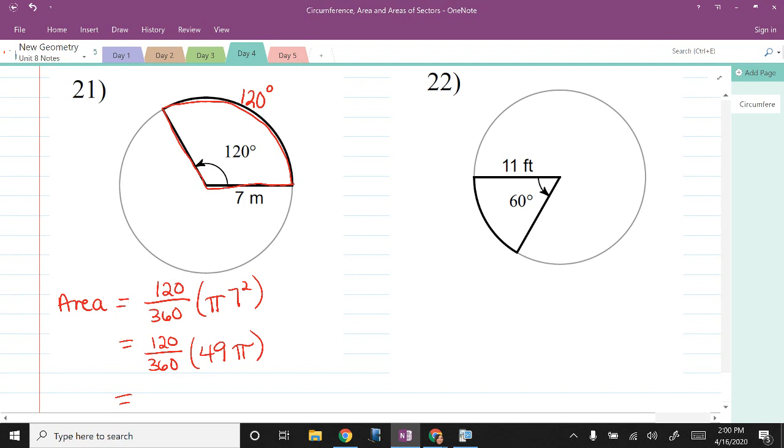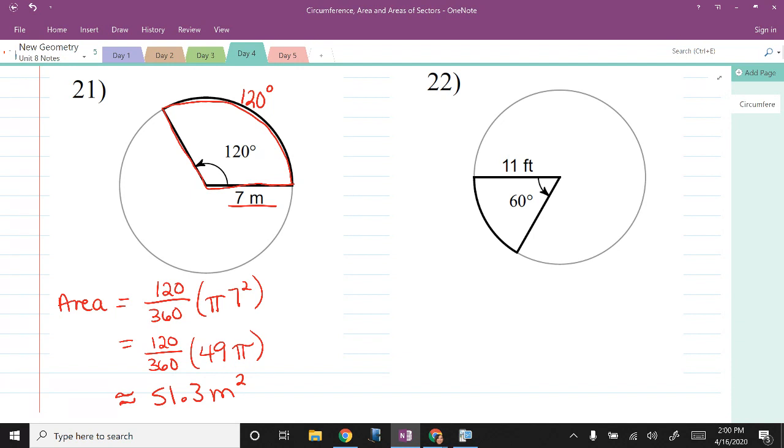So I'm going to say parentheses 120 divided by 360, close parentheses, times 49 pi. And I'm getting that the area of this one is approximately 51.3. And it did give me units, so these would be square meters. So the area of that bold sector on number 21 on your worksheet is approximately 51.3 square meters.